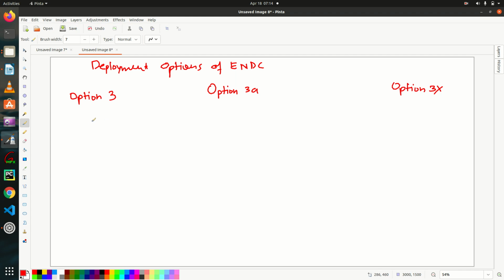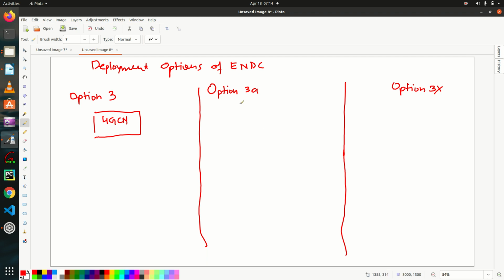Okay, so this is my 4G core network. First of all, I'll draw the common things in these architectures. The 4G core node will be common in all the architectures. The next thing is eNode B, which will be common.